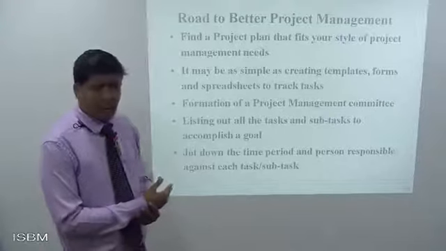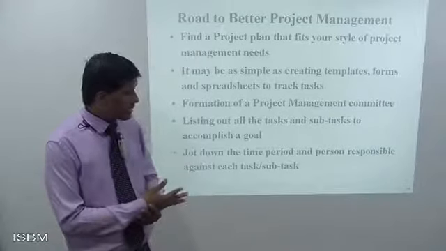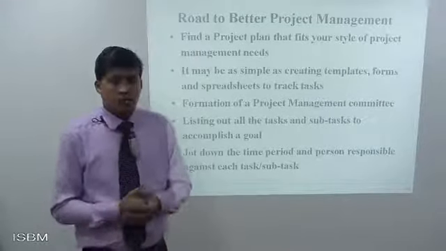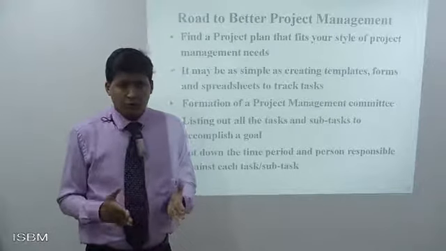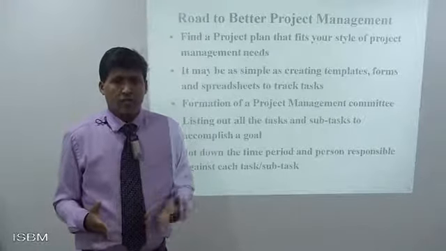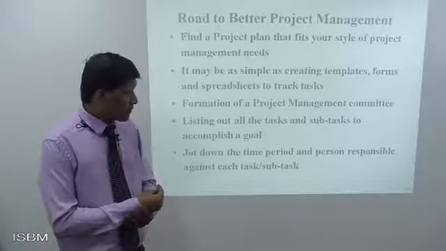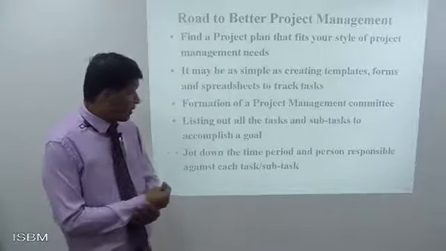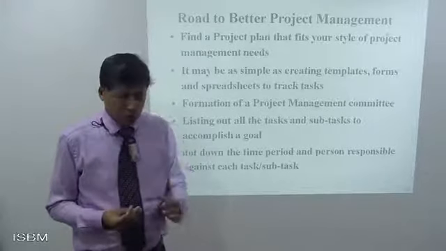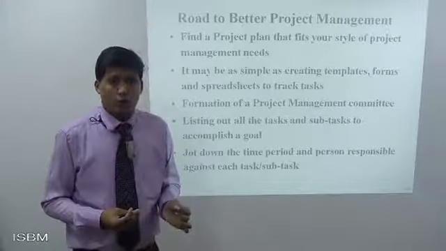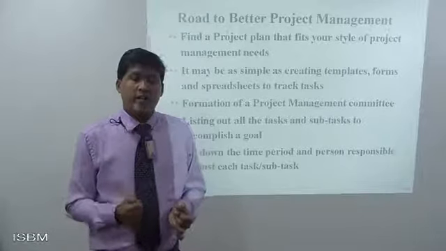Listing out all the tasks and subtasks to accomplish a goal. So it's also about listing, sorting things as well, so that the task is allocated. Jot down the time period and person responsible against each task and subtask. It's also about aligning whom to what, so that role assignment becomes important.